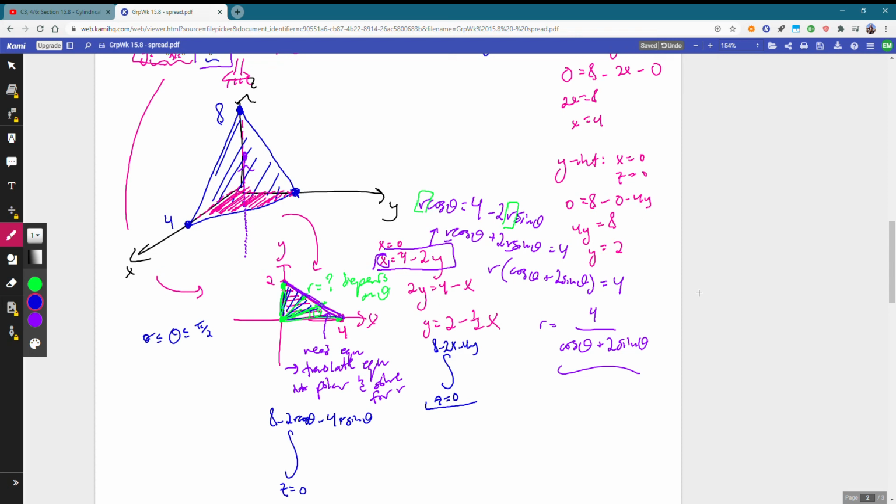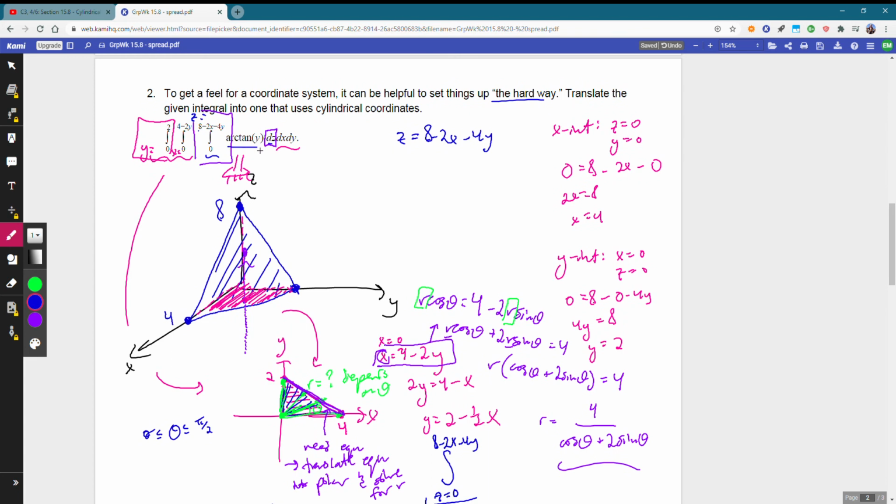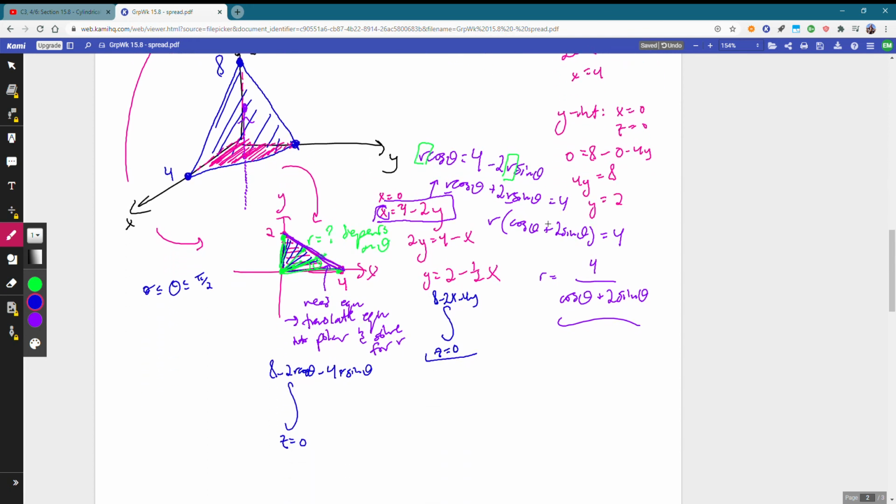And our function was arctangent of y, if I scroll up just for a second. And so we can also swap out our y there as well, translate our function. Arctangent of r sine theta. And once again, the dx dy becomes our r dr d theta. And I'll slide the r out here. Dr d theta.